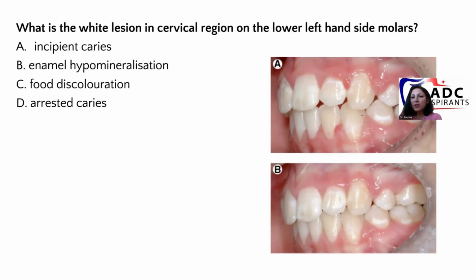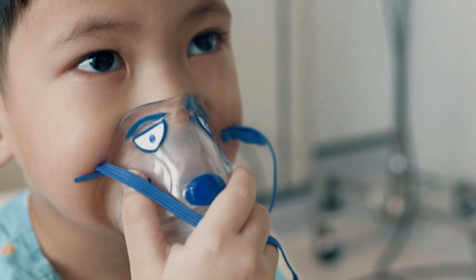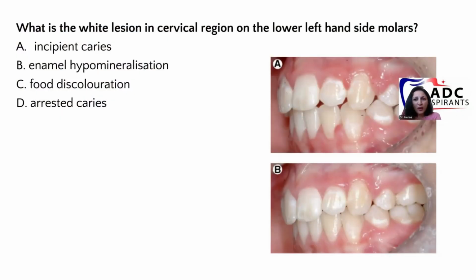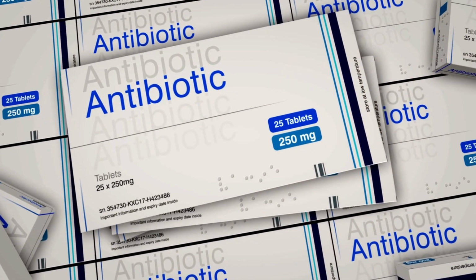But hypomineralization will have a slightest yellowish to brown color. Most important factor is you should have some substantial medical history to back it up. So enamel hypomineralization usually occurs in patients who've got some sort of childhood illness in the past, or if the mothers have taken some strong antibiotics in the last trimester, or if there's been some sort of very long-term illness or any usage of very long-term antibiotics.